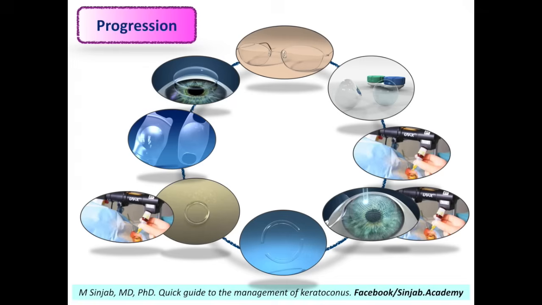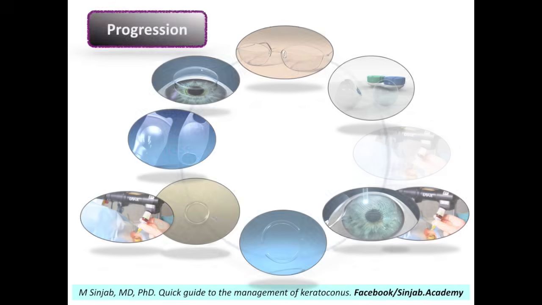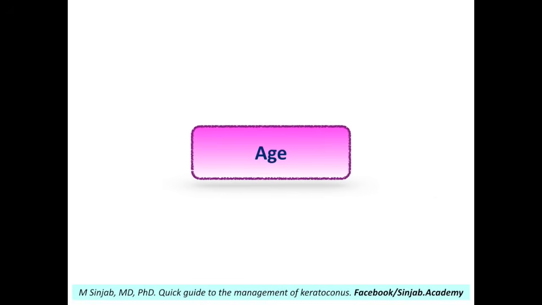But when the case is not progressive, there is no point in using cross-linking unless we want to do some types of refractive surgery augmented by the cross-linking, or to implant Myoring augmented by corneal cross-linking. Otherwise, if the case is not progressive, there is no need to do corneal cross-linking by itself. Age of the patient has its impact as well.